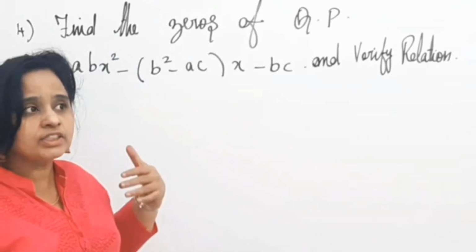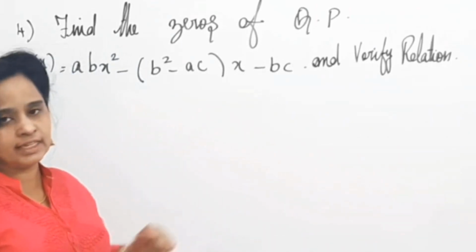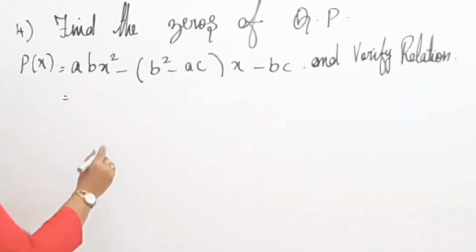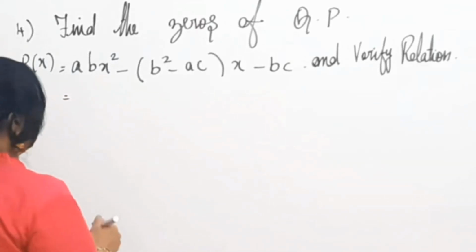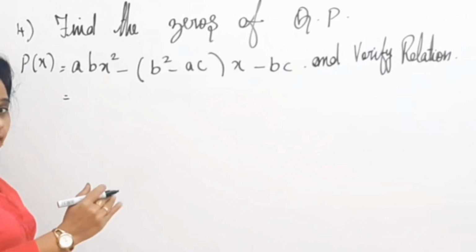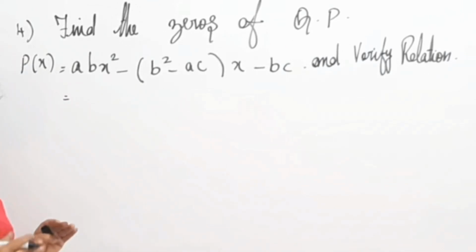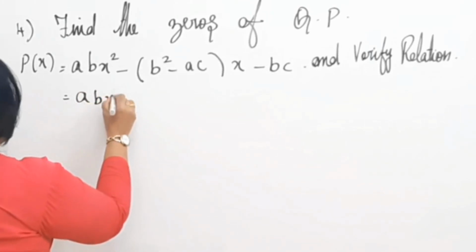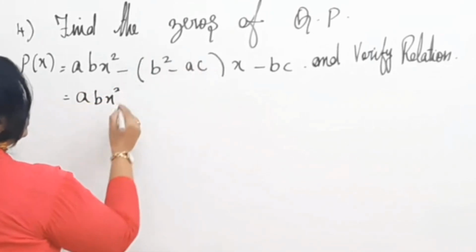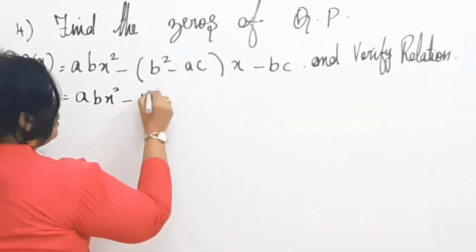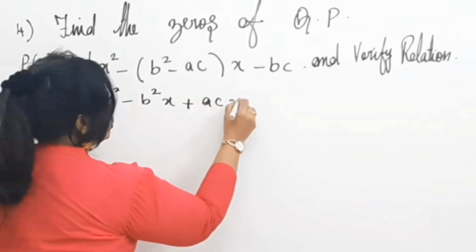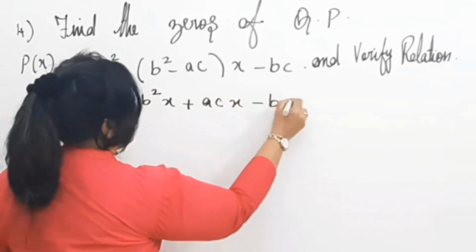So first we have to find the zeros. We first give importance to finding zeros. So let me get my polynomial in its proper way. If I can group the terms and split it and get the factors, that would be easier. Let me check. So abx squared, now I am going to take minus b squared x plus ac into x minus bc.